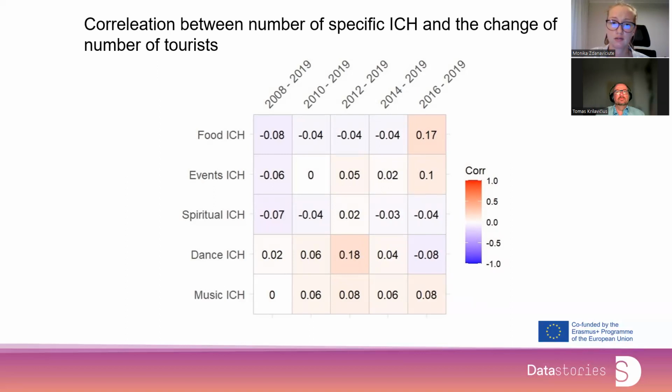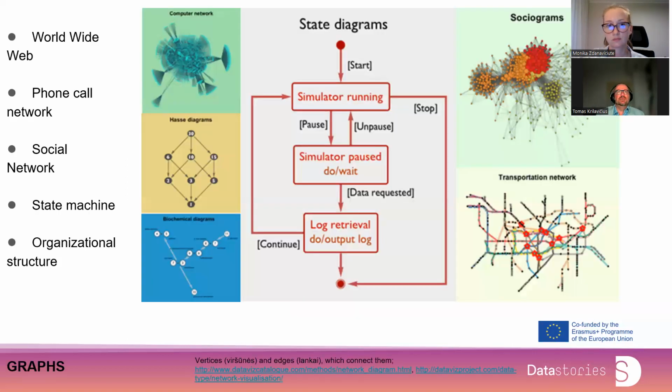It's actually very weak, and the colors are very light. Yes, so basically, if you look at such factors, you cannot claim anything strong by looking just at them. You have to investigate these relations deeper.